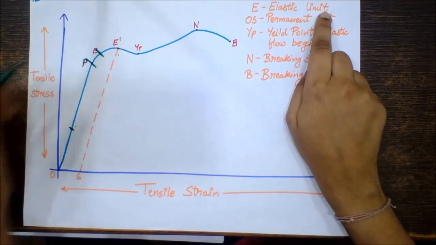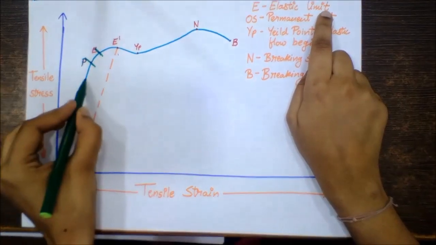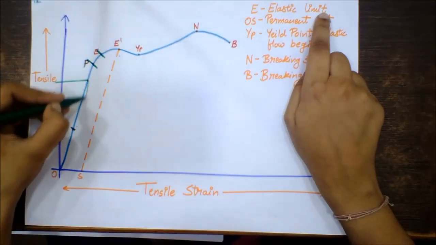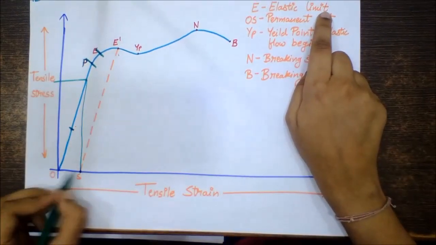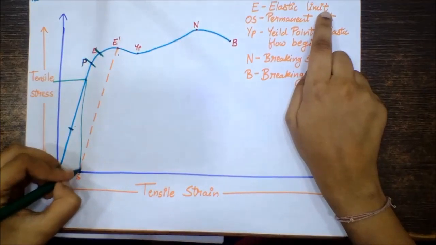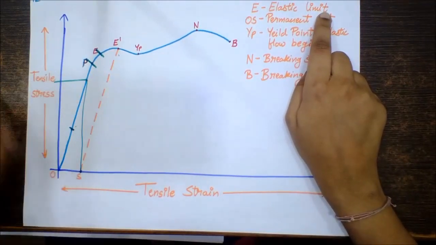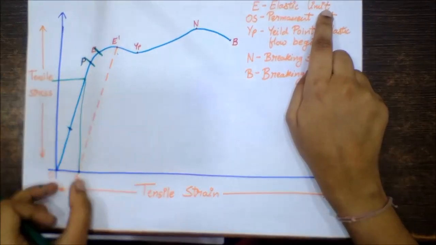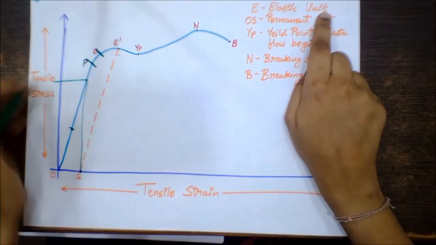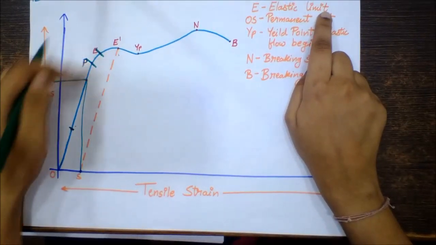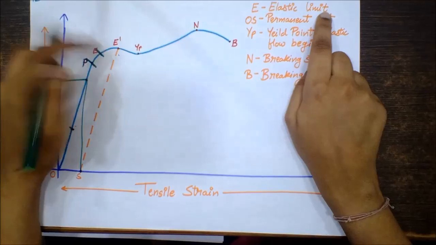That means that over here my stress and strain will be equal. Why? Because over here it is within the elastic limit.